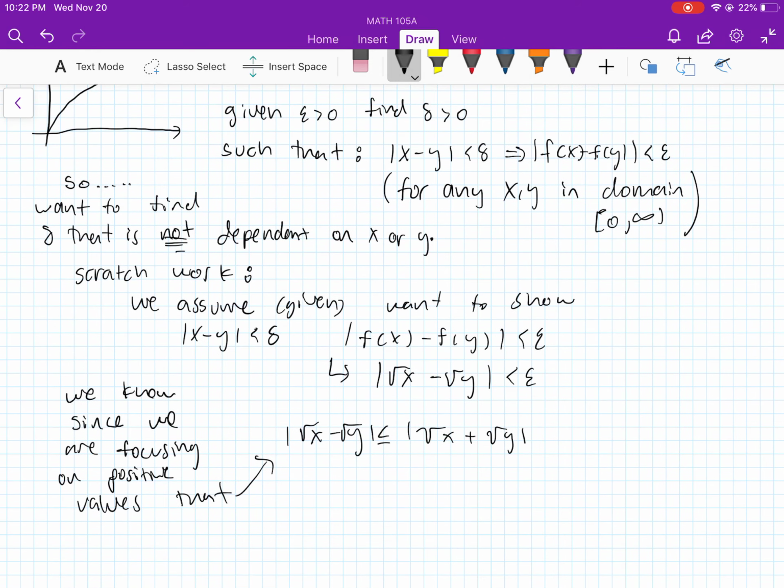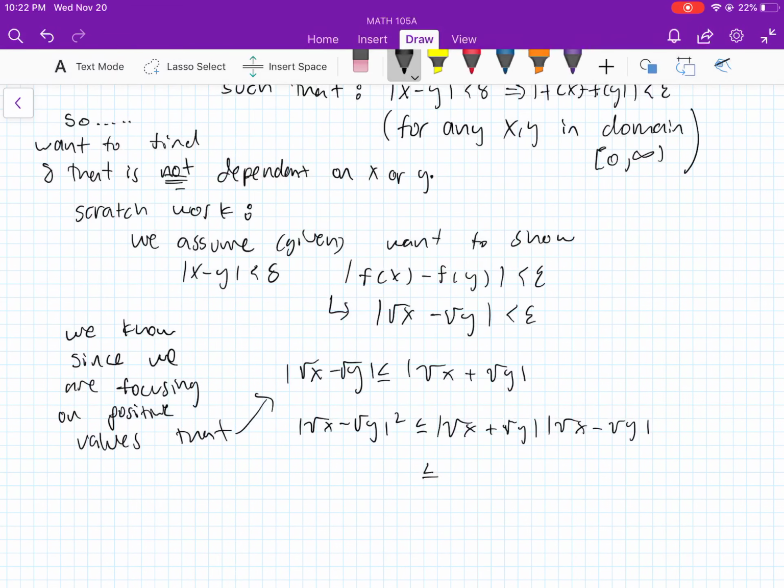It doesn't really matter that there's a square root, it's the same thing. All we're saying is that the square root, essentially, that should make sense. So now I'm just multiplying both sides by square root of x minus square root of y. Since that's a positive number, it doesn't change the sign, so we should be good.